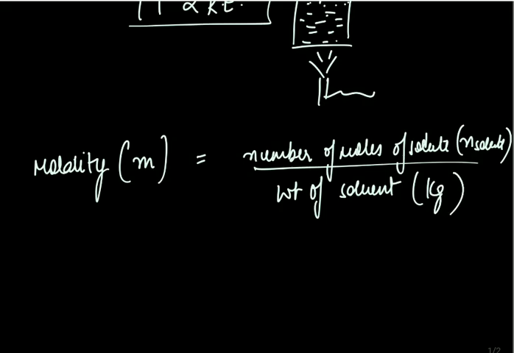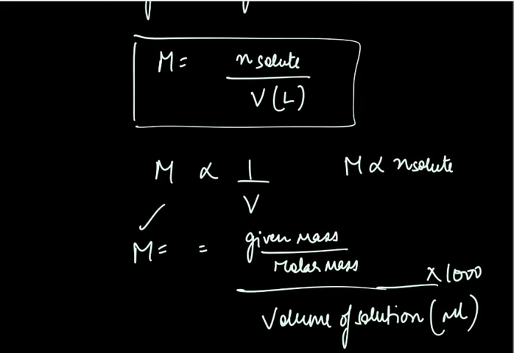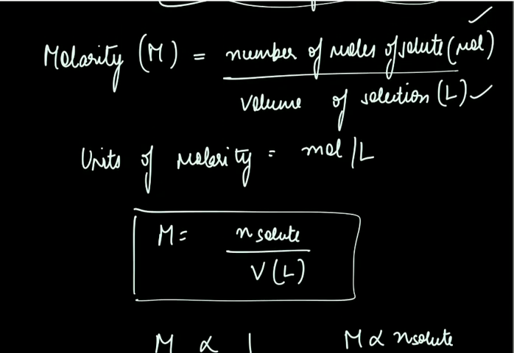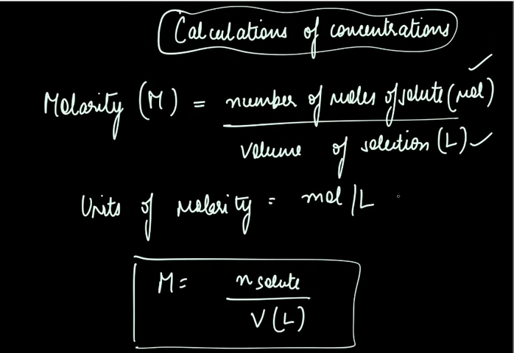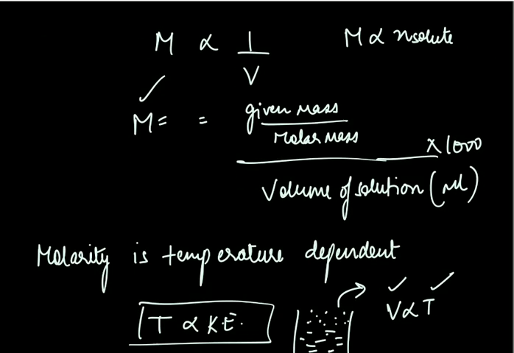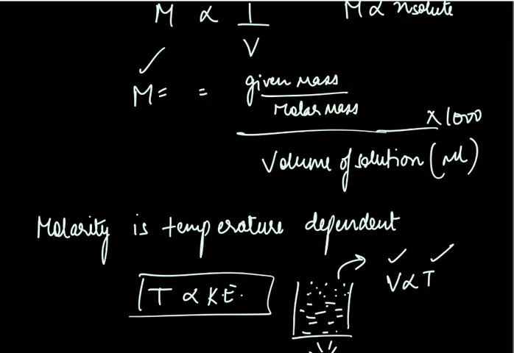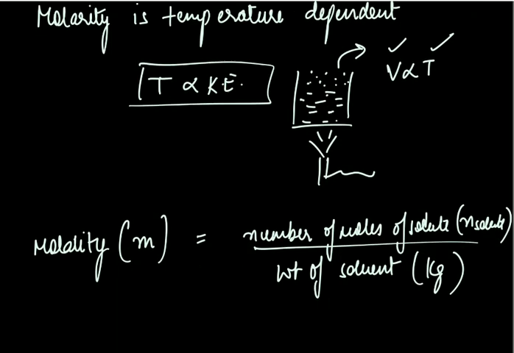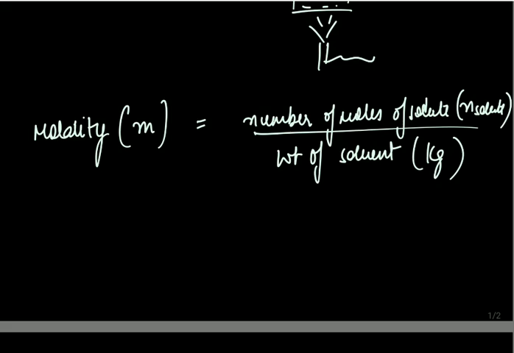According to the definition, you need to remember molarity is divided by volume of solution in liters always, right? And one more thing I missed: we can write capital M, molar, for these units, or just simple M. This is a unit like 3 M. If I'm writing that, it states 3 is the molarity of the particular solution. So molality is the number of moles of solute divided by weight of solvent in kgs.